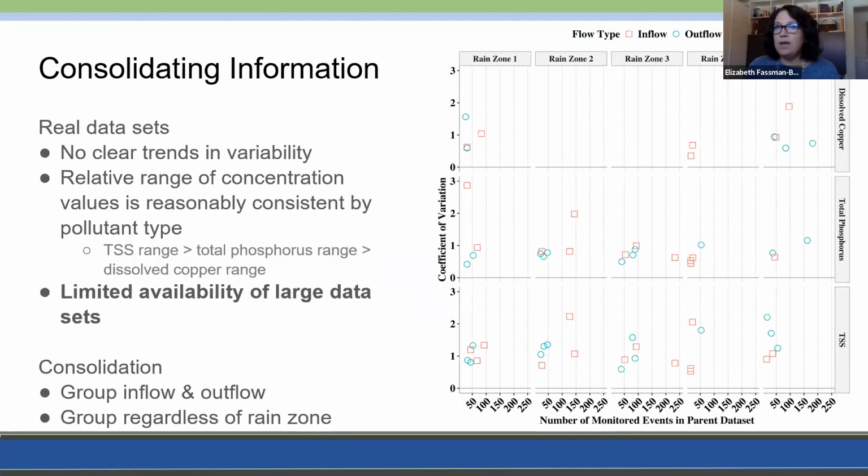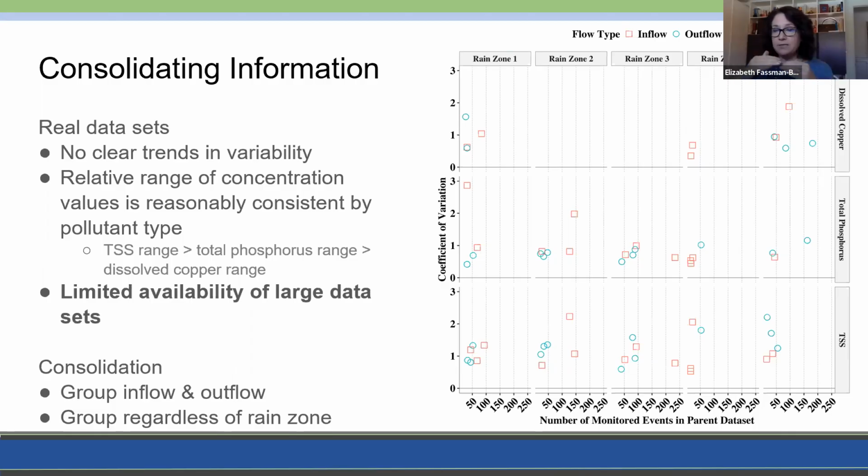Okay, I think we've been repeating ourselves a fair number of times on this point: there's really just a very limited amount of data. Our real data sets, those parent data sets that we took from the databases, do show a lot of variability, but no clear trends in variability, meaning that the inflow variability is on par with the outflow variability at a given site.